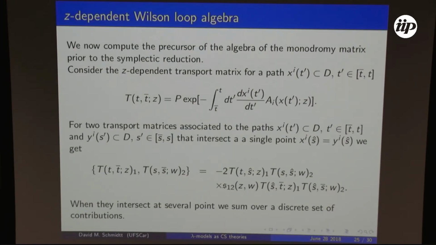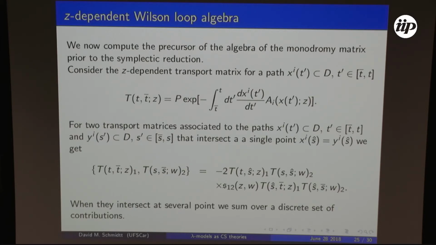Now we can try to construct a z-dependent Wilson loop. Let us consider this z-dependent transport matrix in terms of the A_i field I wrote before. Using this local algebra, I can compute well-defined expressions for the two transport matrices at two different points.